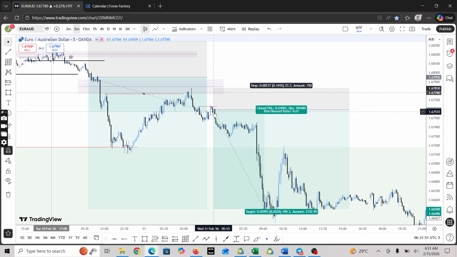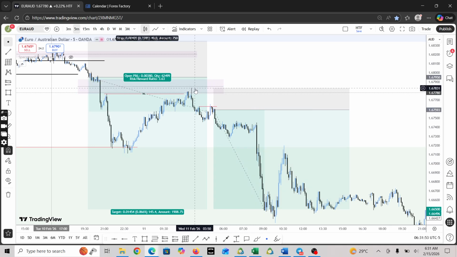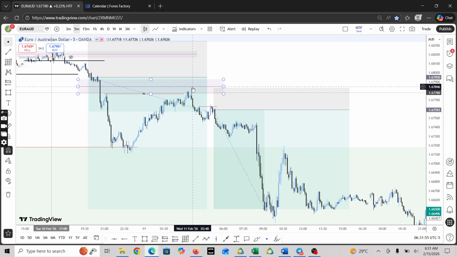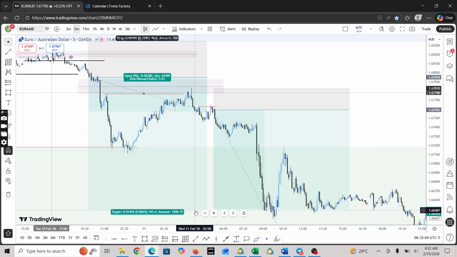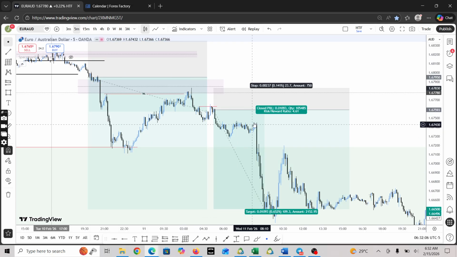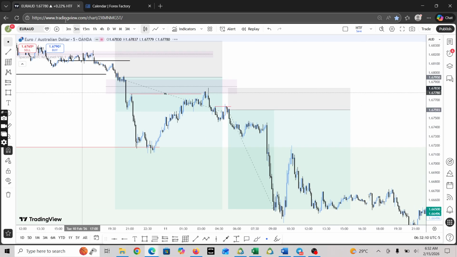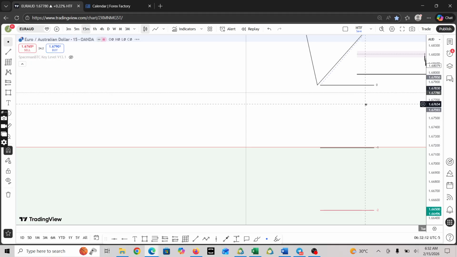Right, so that's it. I went in there with my stop above the high that was created during London. And then the take profit again at the same level, and that's it. Easy peasy. This was the trade I took, and it was very easy for me.